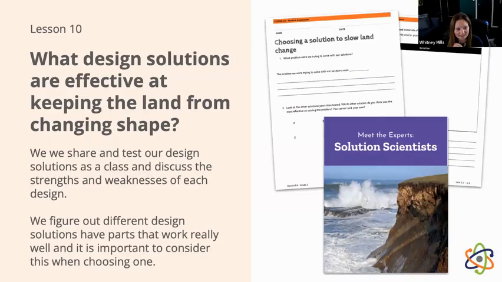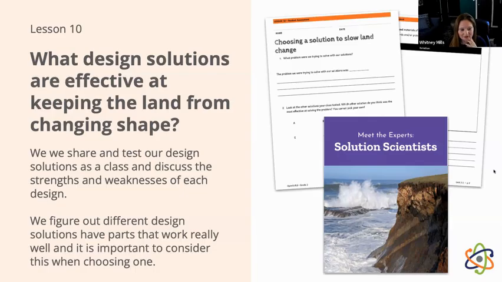And we find out, hey, it seems like we always want something with a flat bottom. Or if it's going into the soil, it needs to have a lot of pieces to it, kind of like roots. And we figure out different design solutions have different parts that work in certain ways that help it be effective.